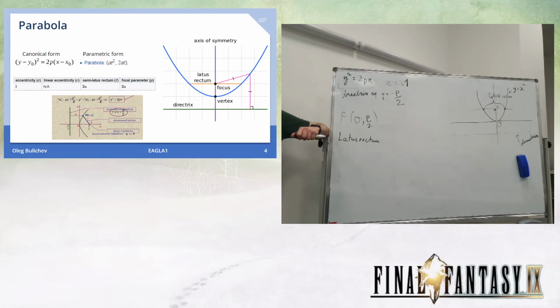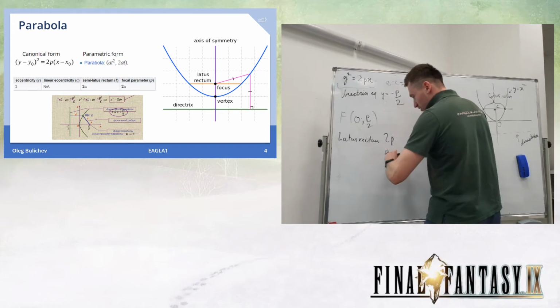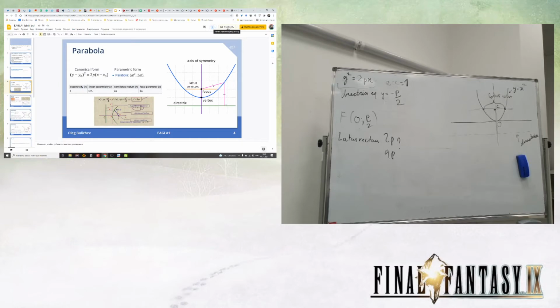Maybe it is, yeah, 2p. The length? 2p. Some of you want to say 4p, some of you 2p. So is it 2p or 4p? It's 4a, but 2b. So, 2p. Okay.